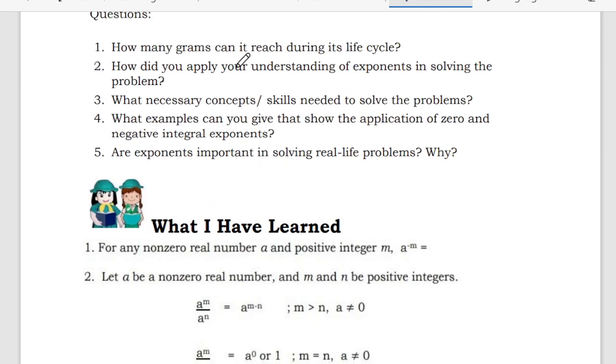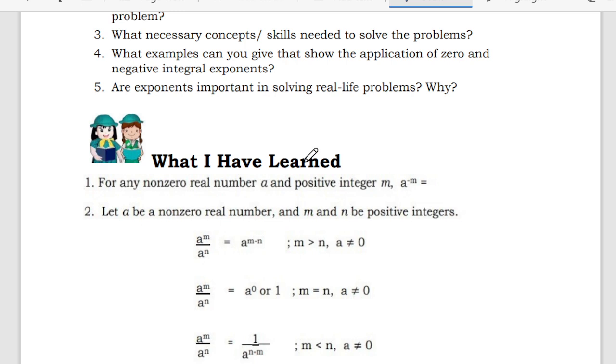Okay, so how did you apply your understanding of exponents in solving the problem? What necessary concepts or skills are needed to solve the problem? What examples can you give to show the explanation of zero and negative integral exponents? So are exponents important in solving real life problems? Why? So you just answer there.